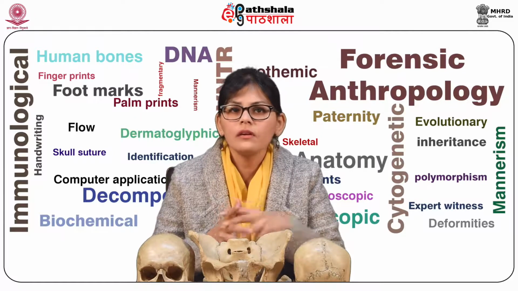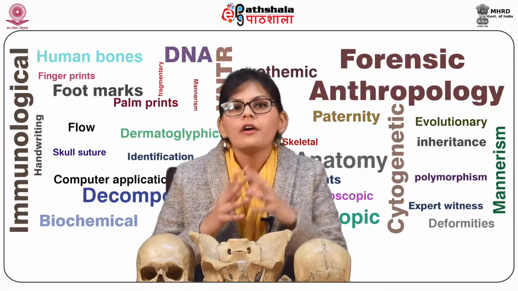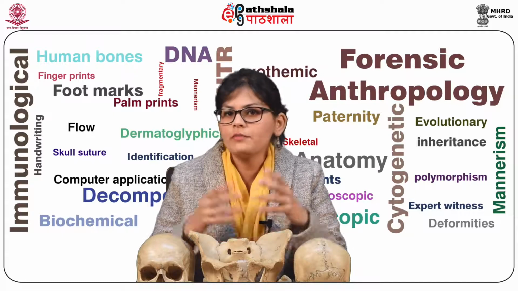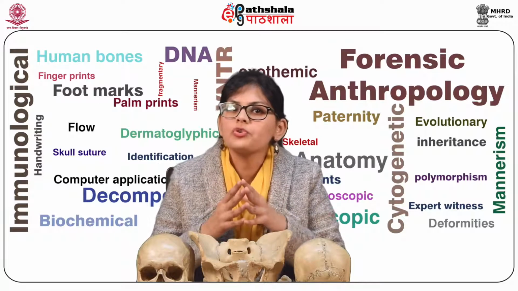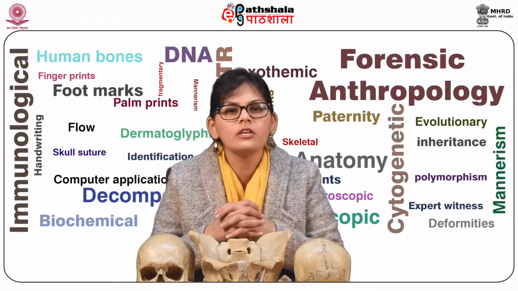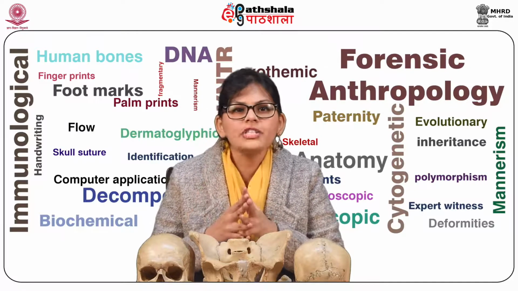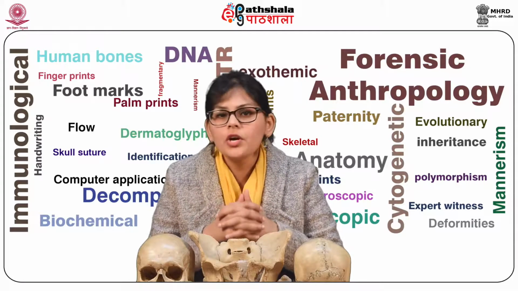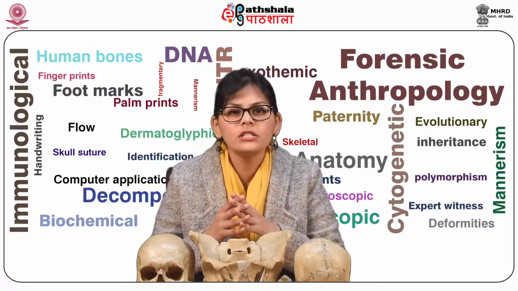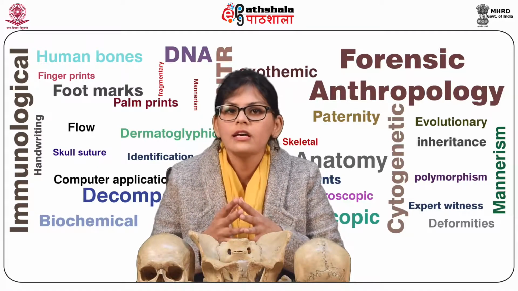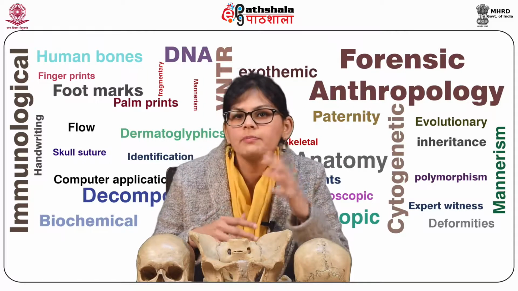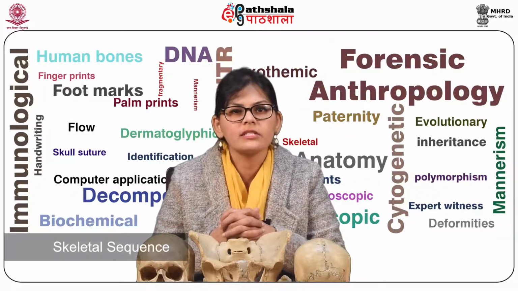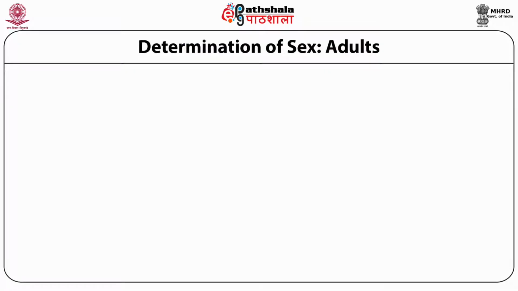In cases where commingled remains or fragmented remains left from an explosion are found, the preliminary step is to reconstruct the body of the individual for assignation of skeletal remains. Moreover, it is extremely important to identify and assign a bone to its correct side and in the correct position within a skeletal sequence. Now I'll be talking about the determination of sex in adults.